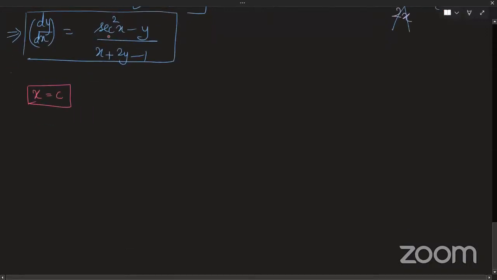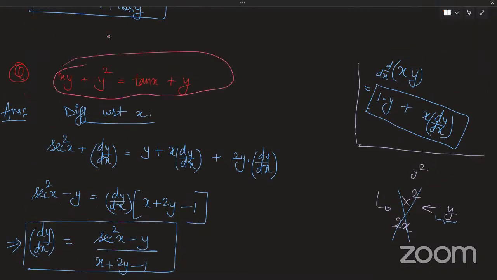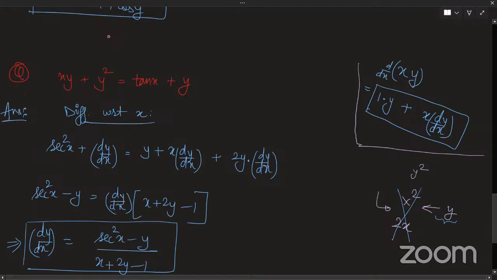So in order to find y, use the equation that's been given to you. You have got this equation over here. In this, you can substitute your value directly and you'll get your answer.